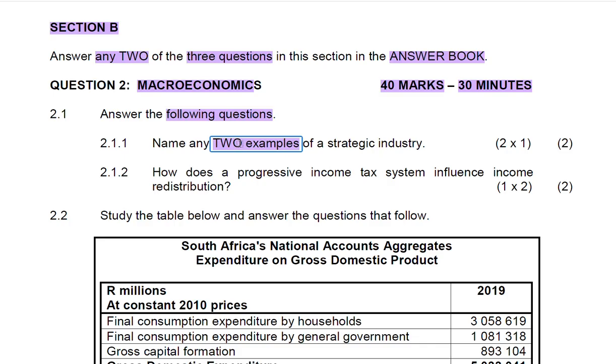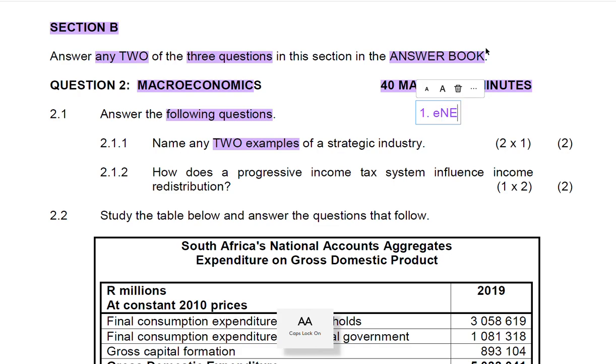It is energy or fuel, and ESCOM. Those are examples of strategic industry. Because you are naming, you say number one, the first one, energy. And then, apologies for the letters.